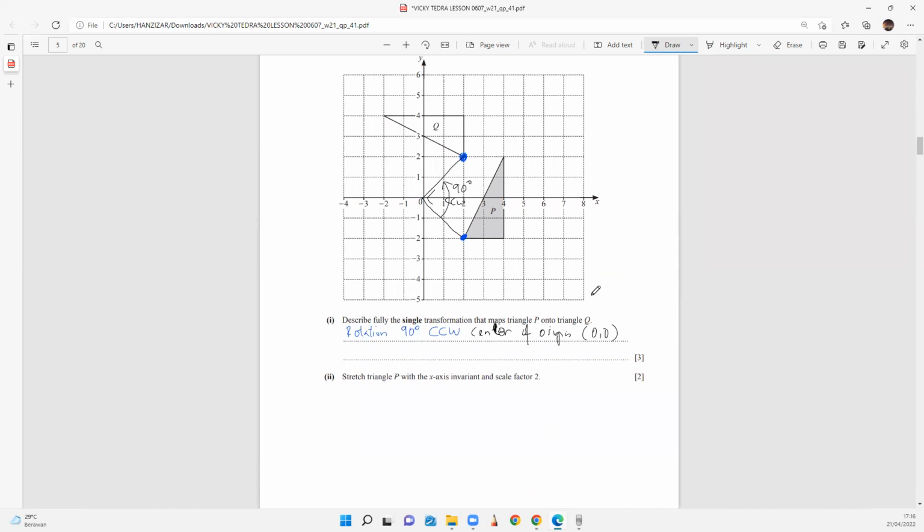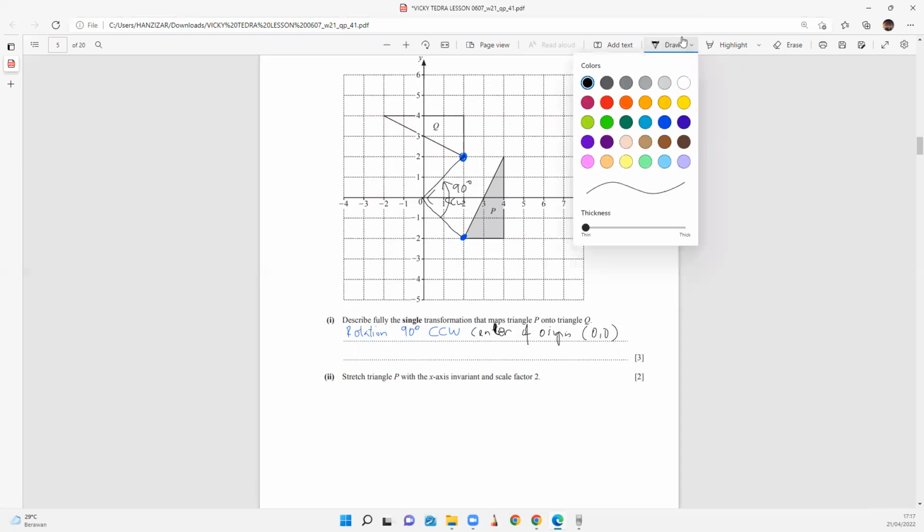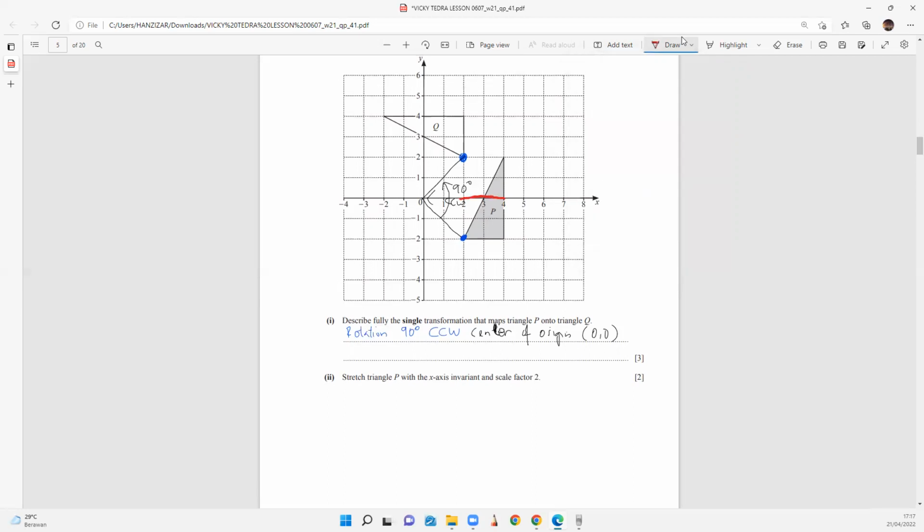So you have to stretch by the x-axis. I use the red color because it is not easy, so I need to put the red color. So this is the x-axis, right? I just drew the red line near to the triangle because there is no need to extend it more. So this point stretches twice from the x-axis.